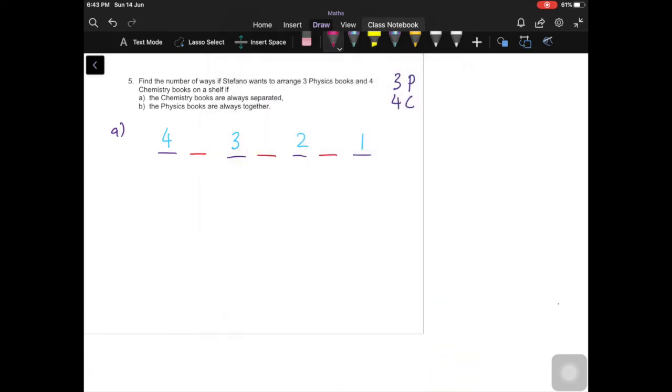The same goes for the physics books: at the first place we have 3 choices, after we pick 1 we're left with 2, and the final one is 1. So the number of ways the chemistry books are always separated is 4 times 3 times 3 times 2 times 2 times 1 times 1, which gives us 144 ways.